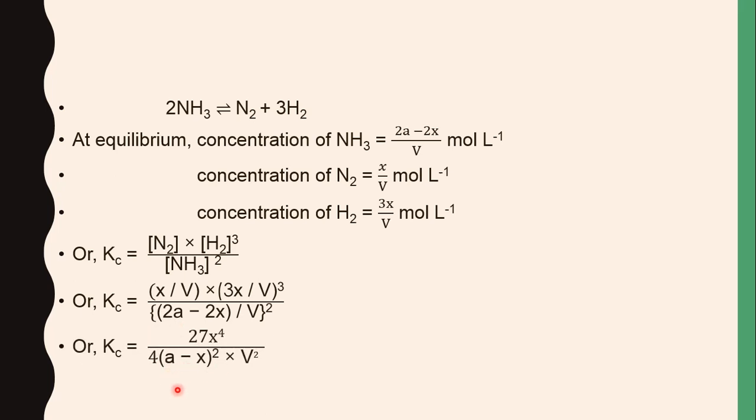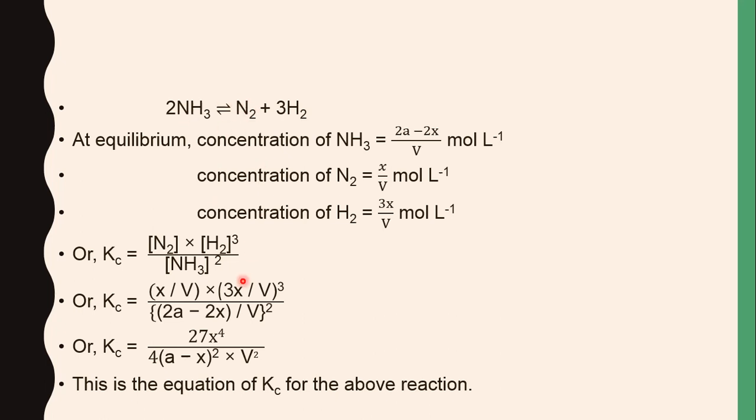After simplifying the equation, you will get Kc equals 27x to the power 4 divided by 4 times (A minus x) whole squared times V squared. This is the equation of Kc for this reaction.